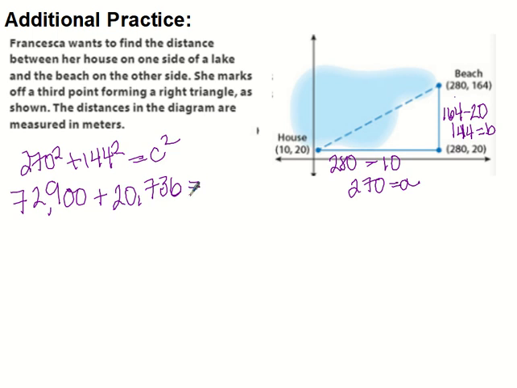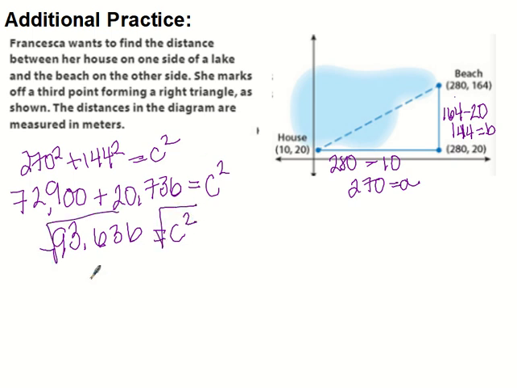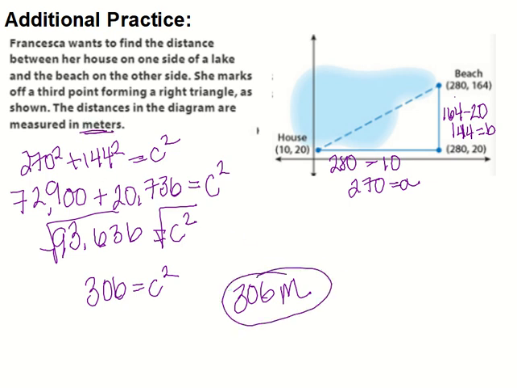I'm going to add my 72,900 and 20,736, and for C squared I get 93,636 equals C squared. We then square root, and what's really nice, it does come out as a whole number. And so we would say it's 306 meters, because it says right here that it was measured in meters. So there's our answer.